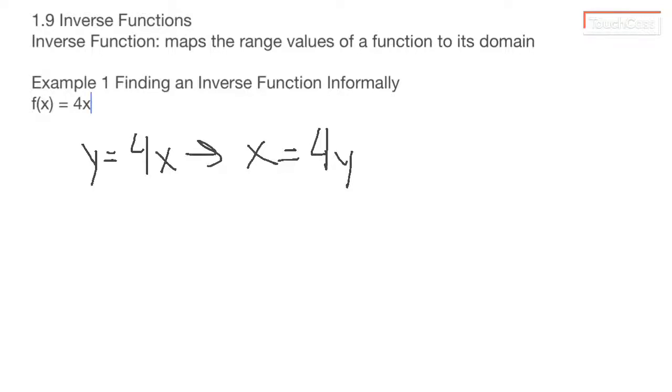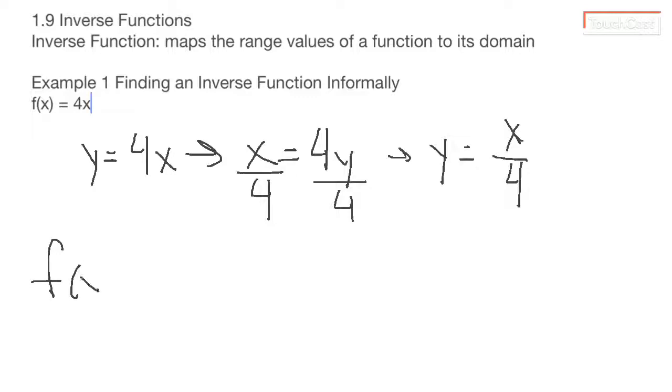In this case, to get y by itself, we're going to divide by 4, and we're going to find that our inverse function is y equals x over 4. So we can write that as f inverse of x is equal to x over 4.